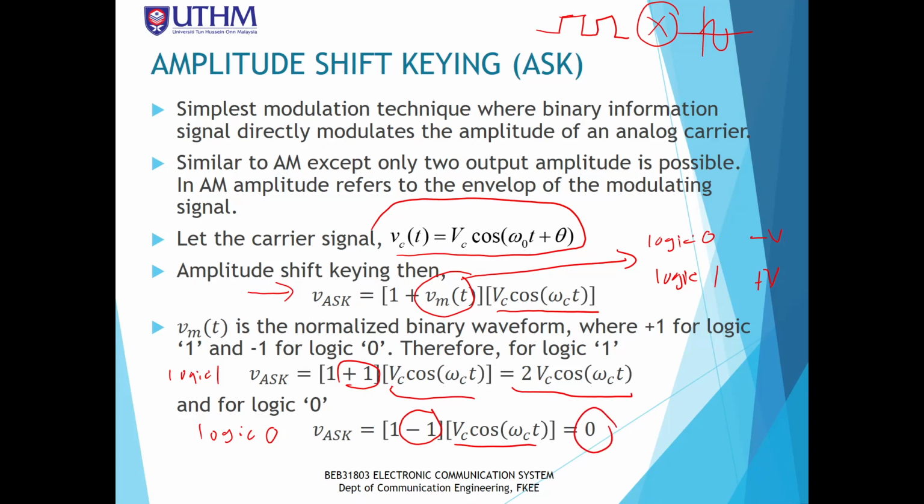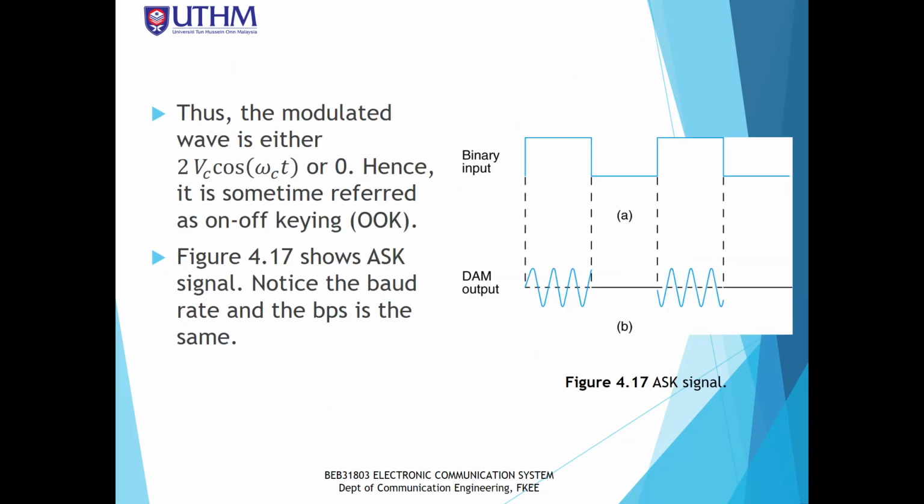So logic 1 gives the carrier and logic 0 gives 0. This is like a switch: on, off, on, off.